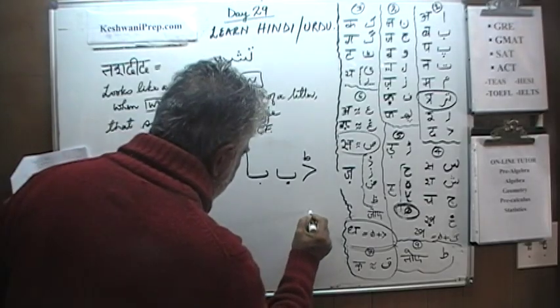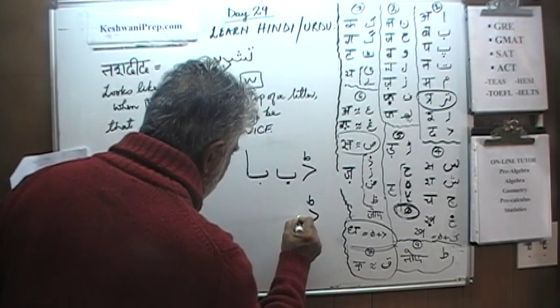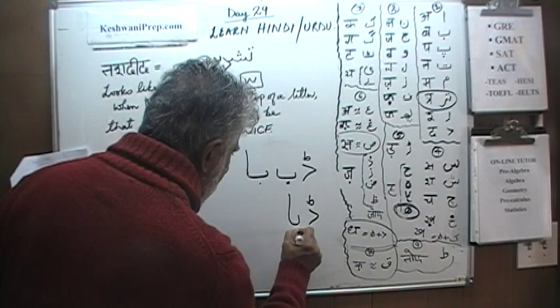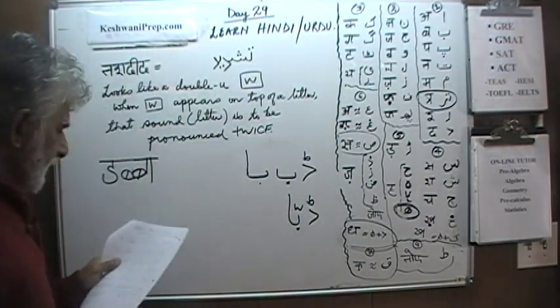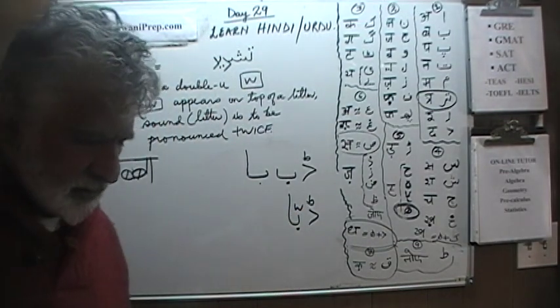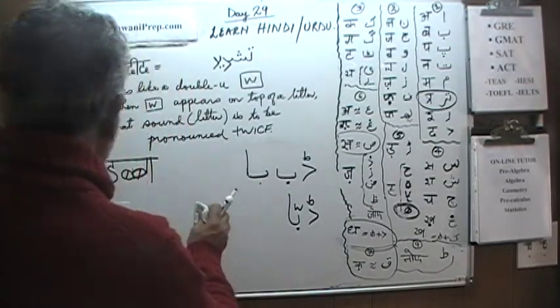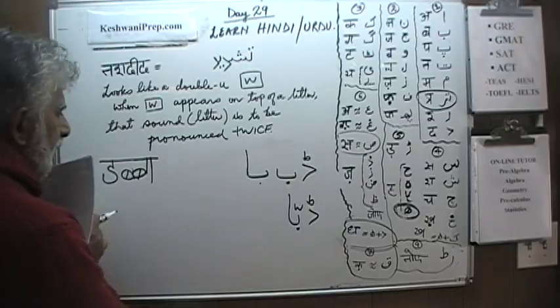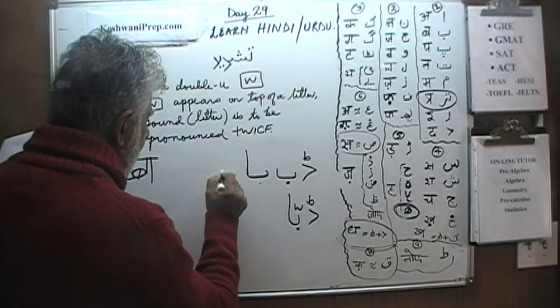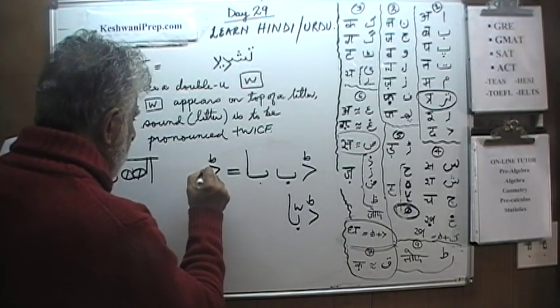Or we can do them right here. Dab and then ba. That's all. That's how we write dabba. Dabba. Let's do the next one.